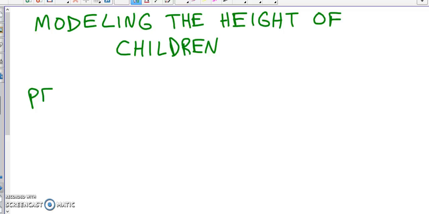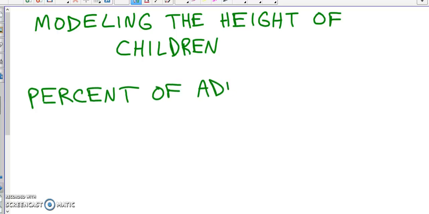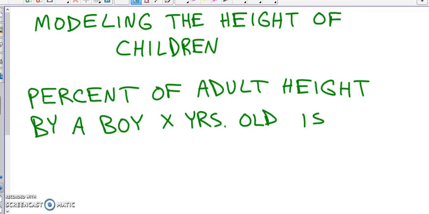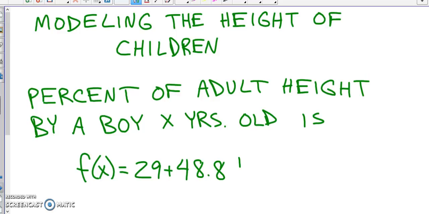So, the percent of adult height by a boy X years old is f of x equals 29 plus 48.8 log of x plus 1.